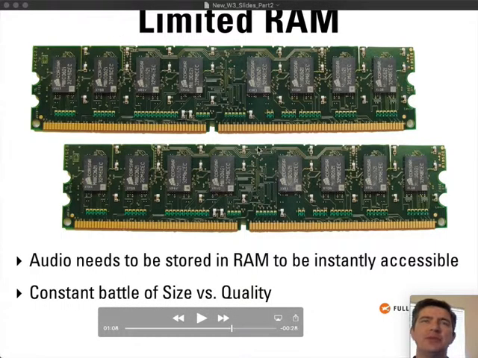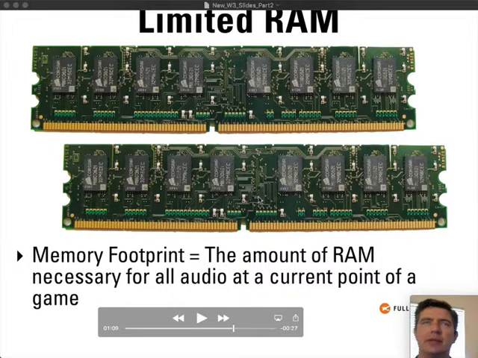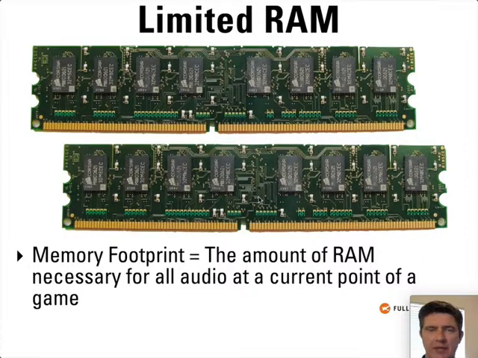A lot of music is not directly stored in RAM. It is streamed off of the disk, because a lot of times with music, it doesn't matter if it comes in 10 milliseconds or 100 milliseconds or 500 milliseconds. Typically less than a second is all it takes to load it up and stream it off of the disk.